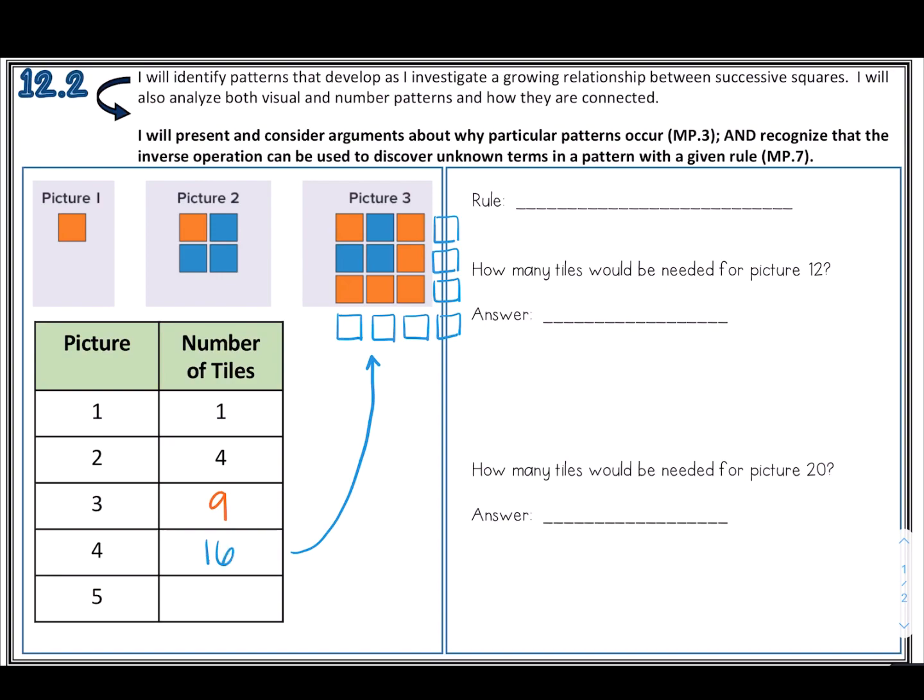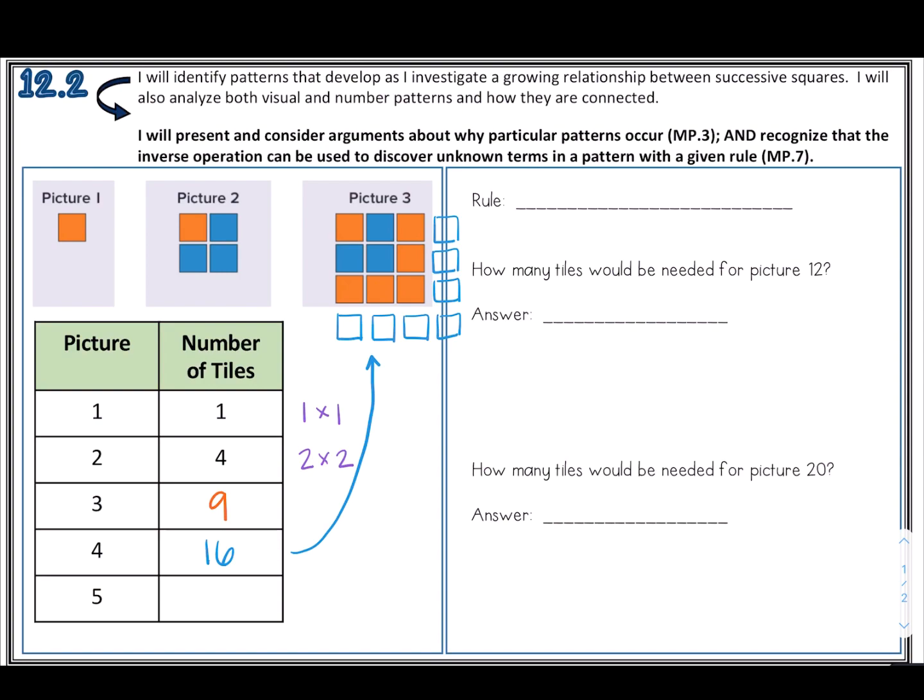Okay. Now let's see if we can figure out a pattern here. So I'm going to go ahead and change pen colors. Now if we look at picture 1, the number of tiles was 1. That is 1 times 1. If we look at picture 2, there are 2 rows and 2 columns. And we know from our lessons on arrays, that's 2 times 2 or 4 tiles.